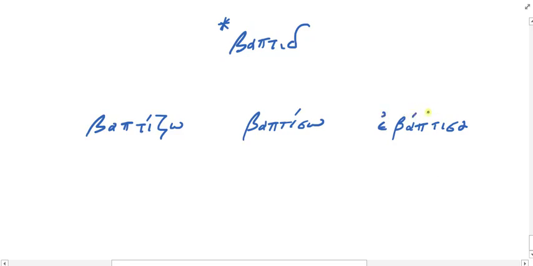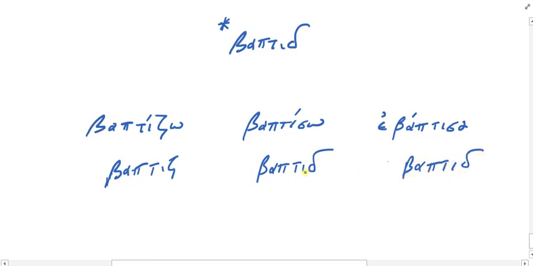Okay, so what's going on here? What is the real present stem of baptizo? It's baptiz. For the future, it's baptid. For the aorist, it's baptid.